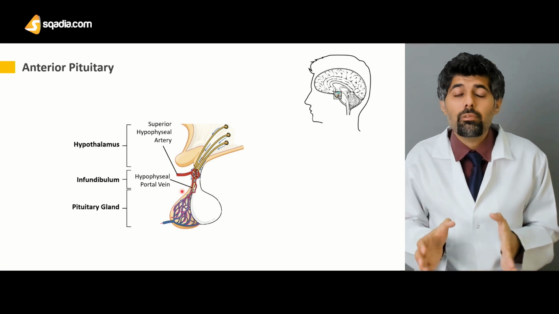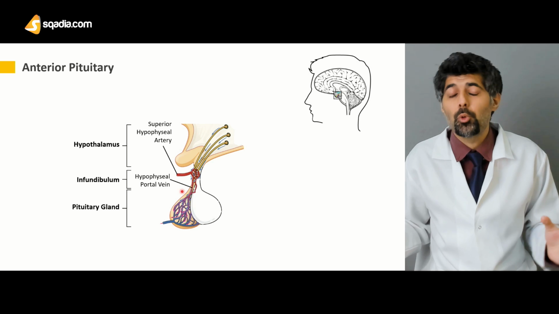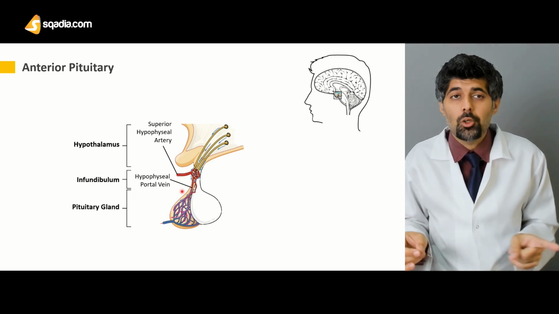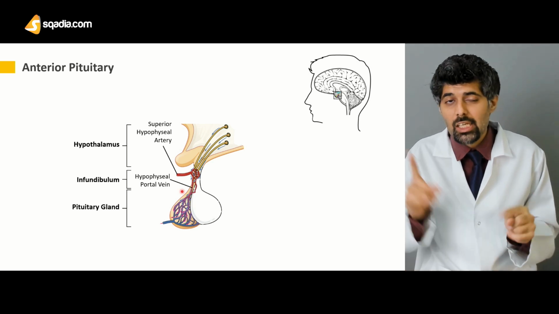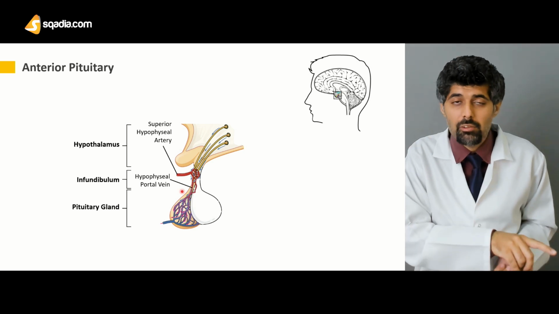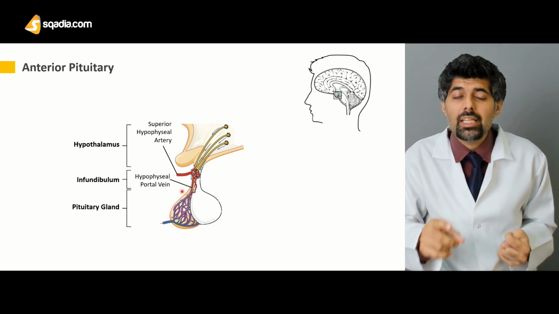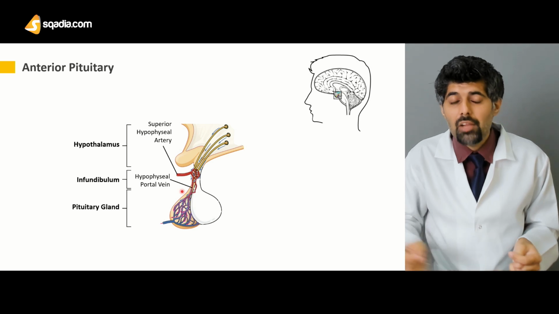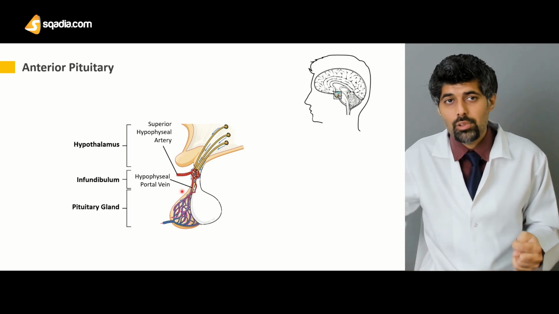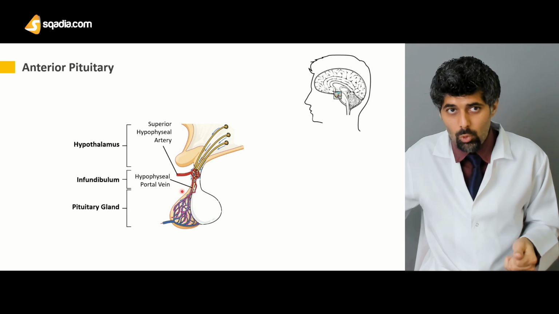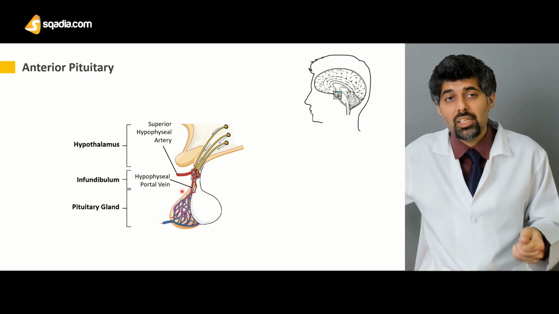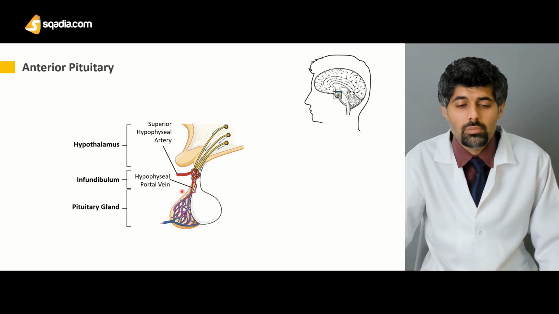You must not forget that both of these portal systems have one thing in common: even though they contain the venous system, they contain oxygenated blood, and they are an extension of the arterioles, or the plexus of the arterioles, that comes before them.